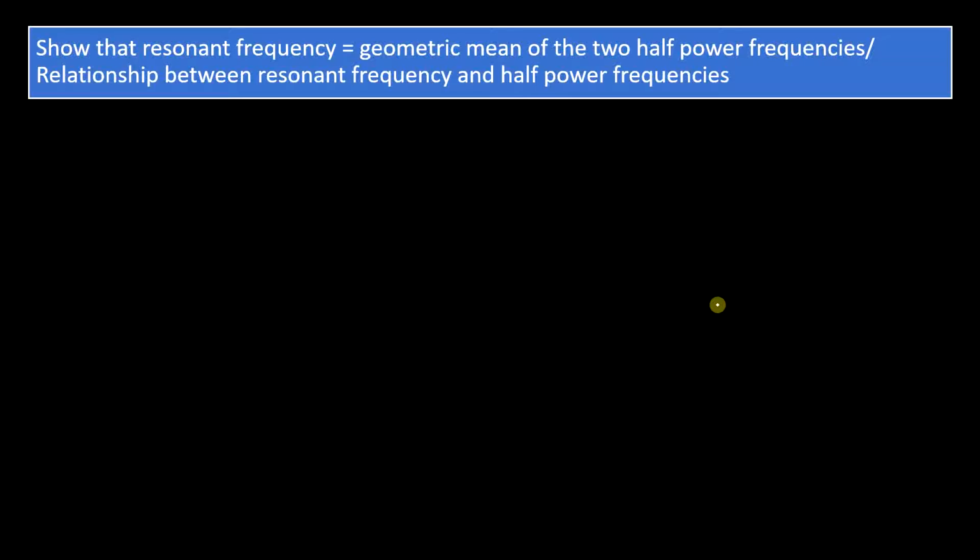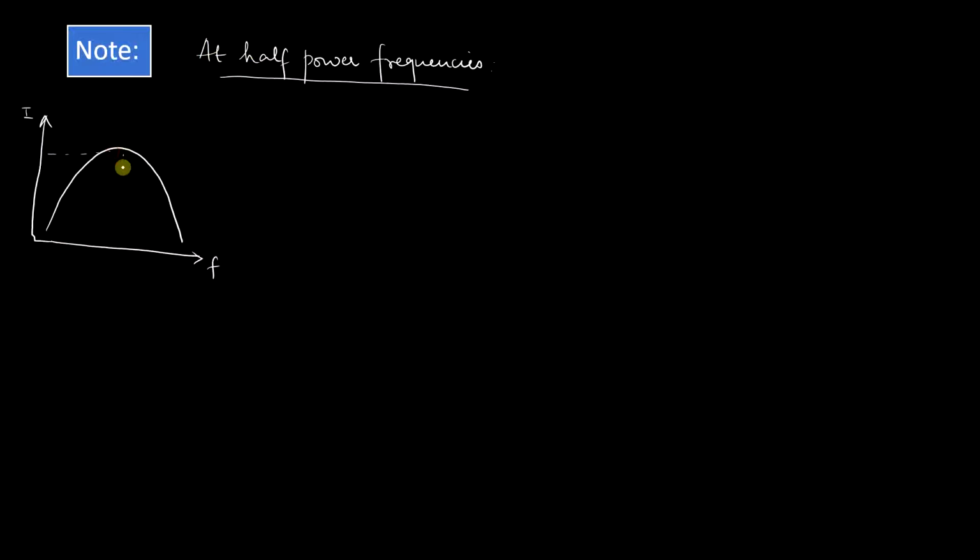At half-power frequencies, let me draw the response and explain. This is the frequency F0. This is F2. This is F1, and I get the current at this as 1 by root 2 Im. The maximum value of current is Im. So these are my half-power frequencies F1 and F2.